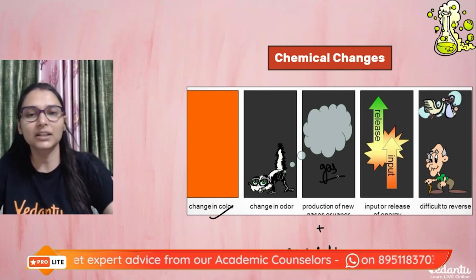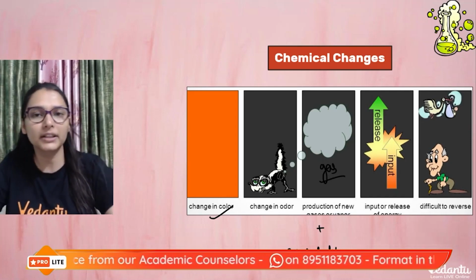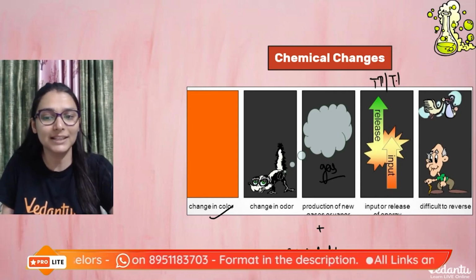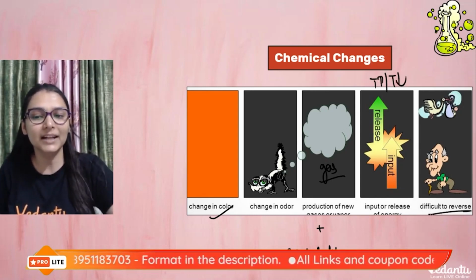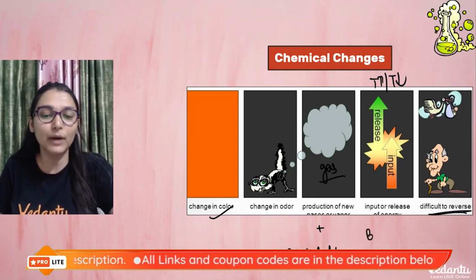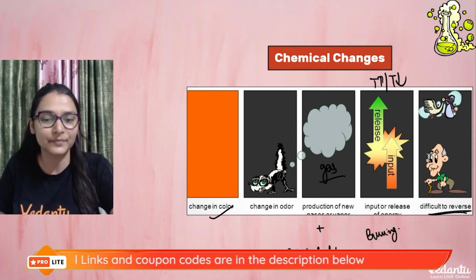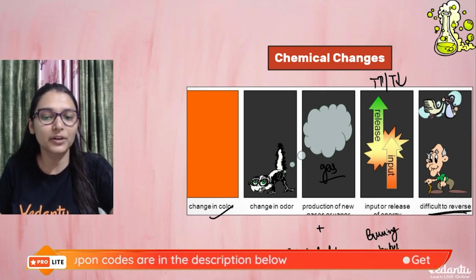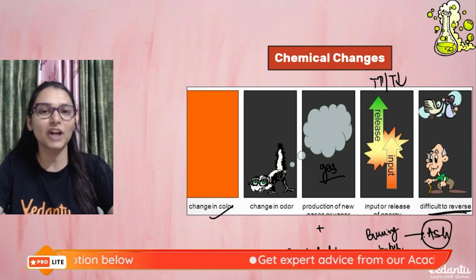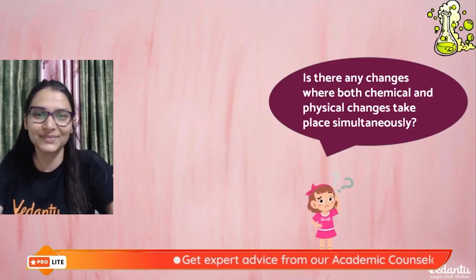There can be loss or gain of energy, like temperature can change, increase or decrease. Generally they are difficult to reverse. They cannot be reversed back. Like if you burn paper once, paper has cellulose that is converted to ashes. From ash you cannot get the paper back, isn't it?